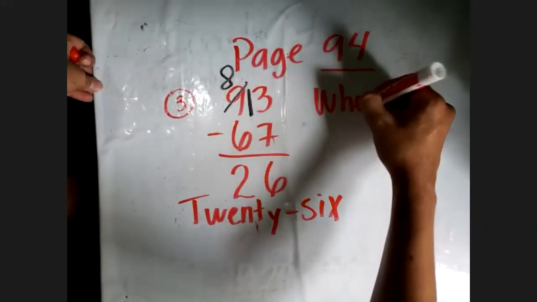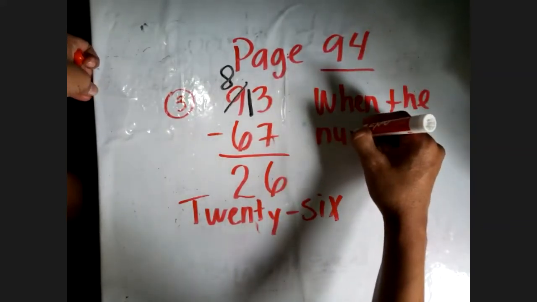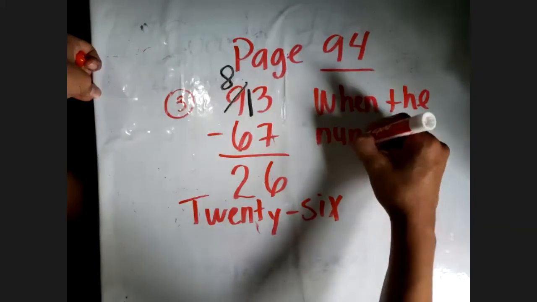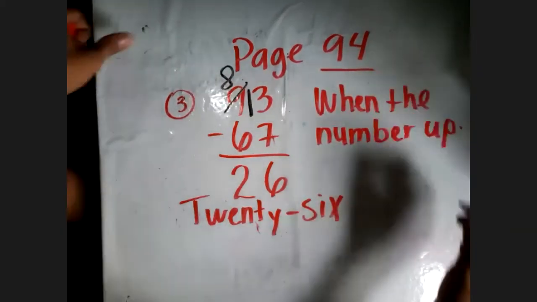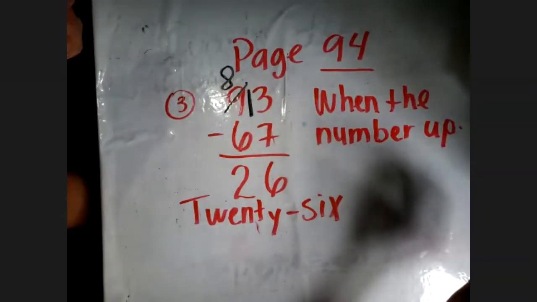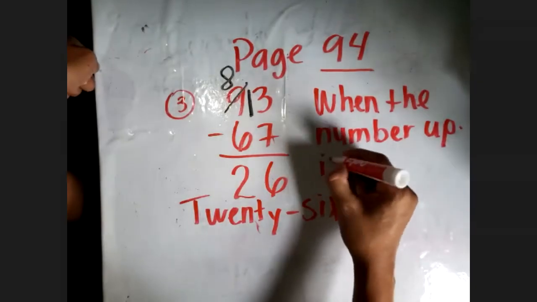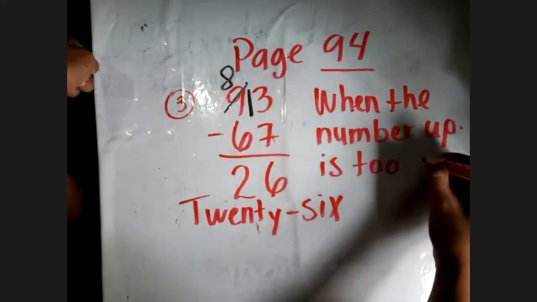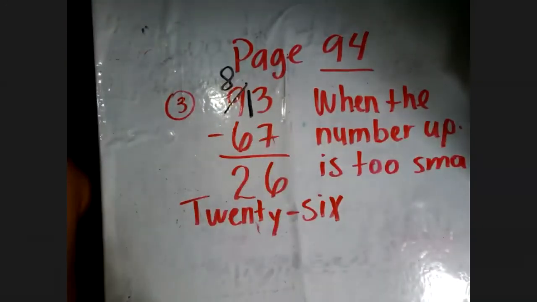To the down. Cuando el número de arriba. Ustedes saben cómo se llama ese number up. Ese number up se llama sustraendo, right? When the number up is too small, right? Cuando el número de arriba es muy pequeño, right? Para restar con el de abajo.